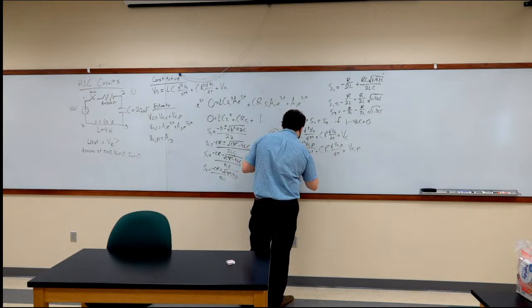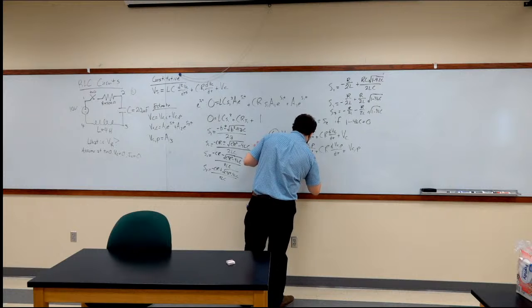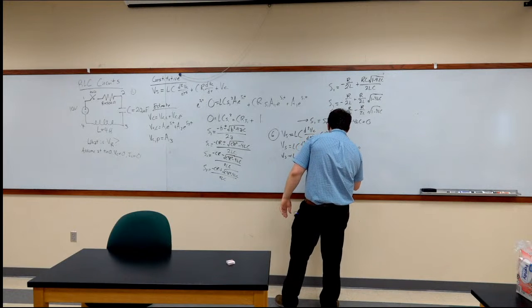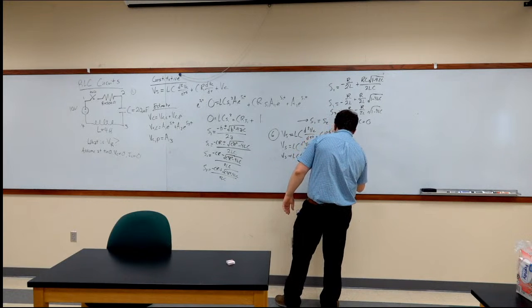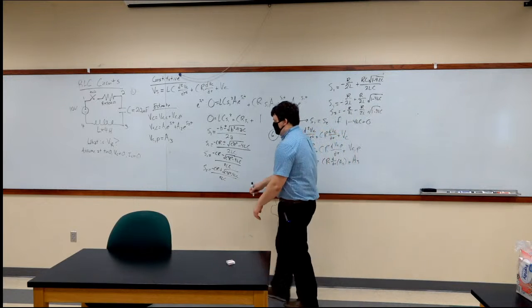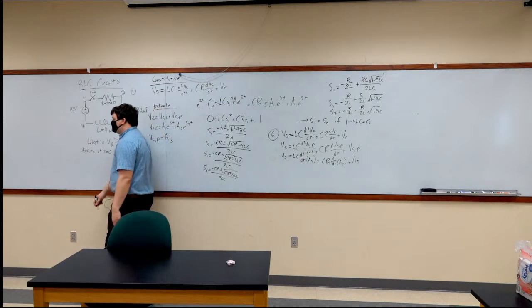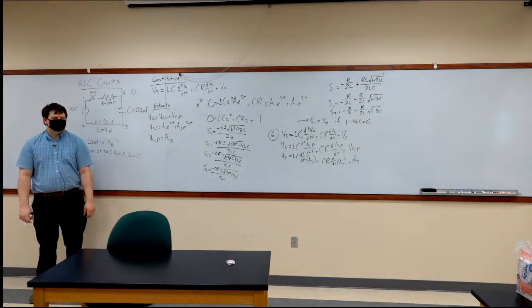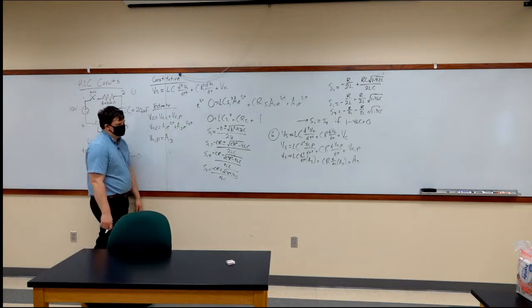Vs is equal to LC d squared over dt squared of A3 plus Cr d over dt of A3 plus A3. What's the next step? Simplify the derivative part. How do we simplify the derivatives?